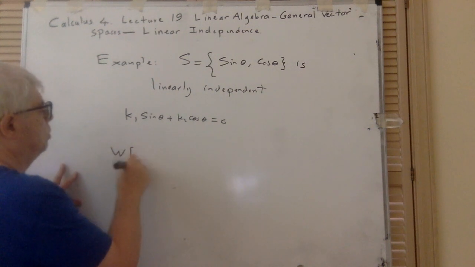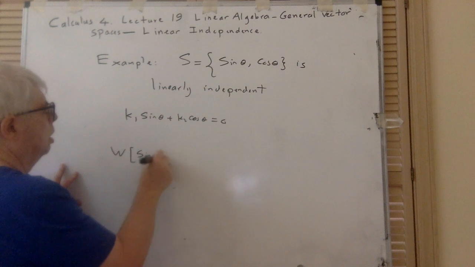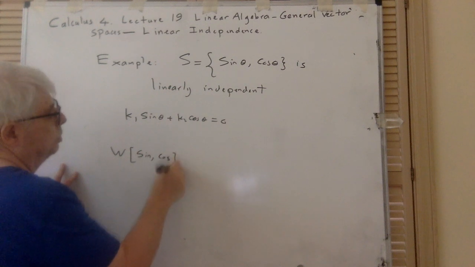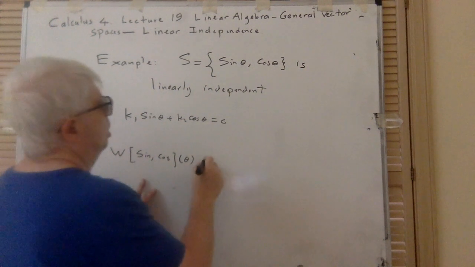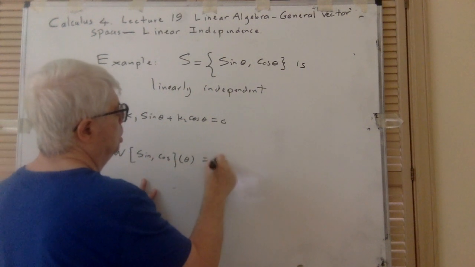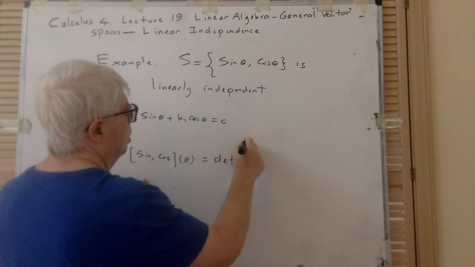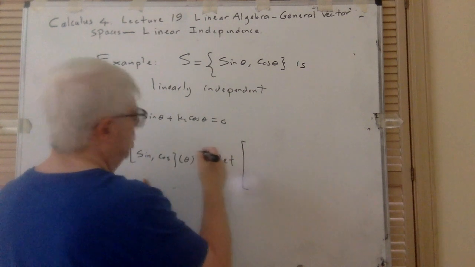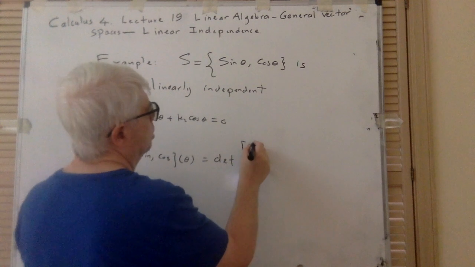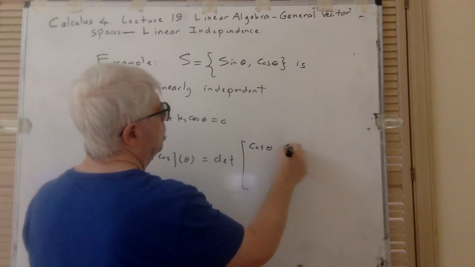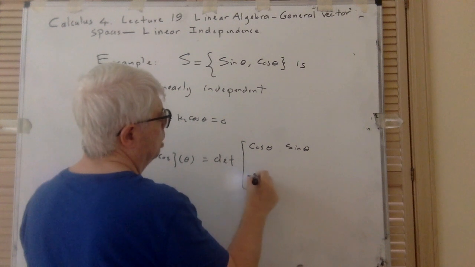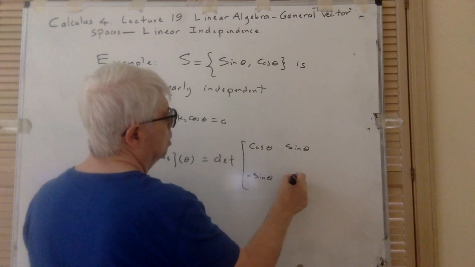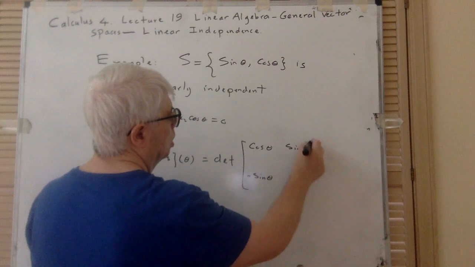So the Wronskian of sine and cosine at theta, that's how we write it. That is the determinant of, it's better to write cosine first, cosine theta, sine theta, you see why. The derivative of this is minus sine theta. The derivative of this is cosine theta.